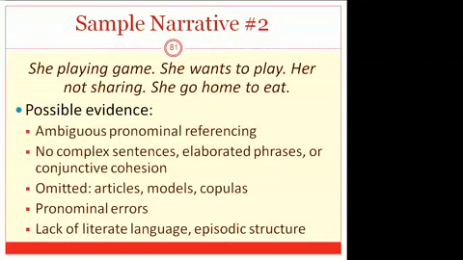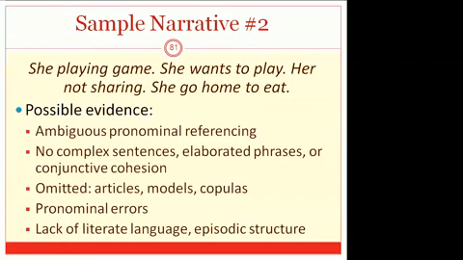Instead, the pronoun she or her is used to refer to a character that has not yet been identified. Therefore, this student is using ambiguous pronominal referencing. Certainly, there are no complex sentences in this narrative. There are no elaborated noun or verb phrases, and there's no conjunctive cohesion used in this narrative.